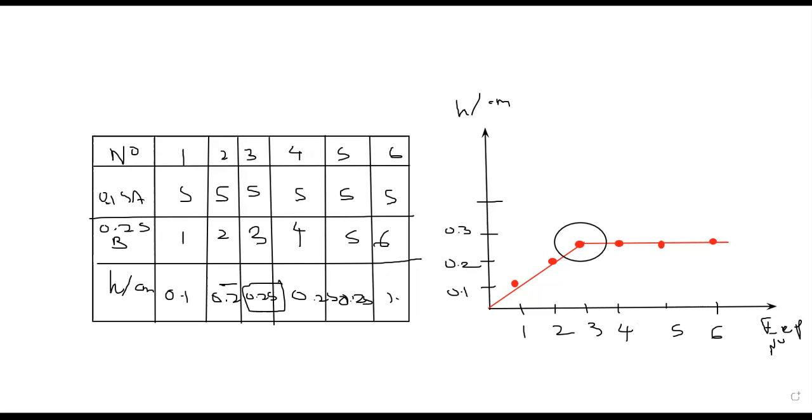From experiment 3 onwards, actually on 3. After 3, there is excess of B. So 3 is the point where it reacts exactly according to the stoichiometric ratio.